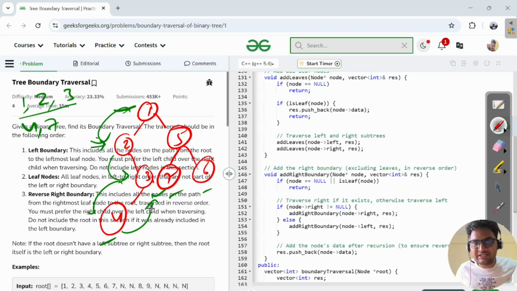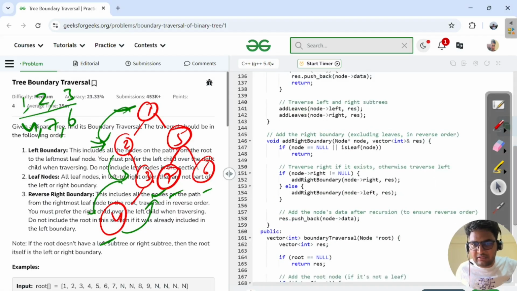It will come back because left is null. Then right of 7 is also null, so it will come back. And this node is already added, so it will come back to 5. Then it will go to the right of the 5 node. This one, 6. Correct. 6 is a leaf node, so 6 will be added to the resultant array. Correct, and then it will come out from this add leaf node code.